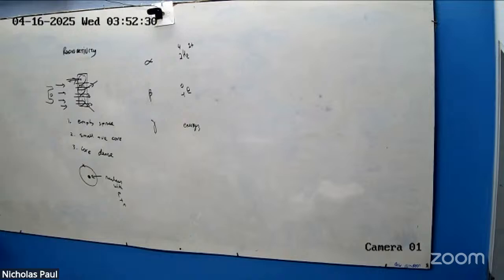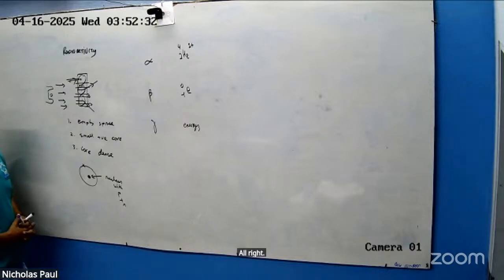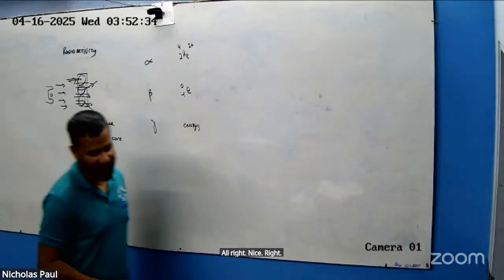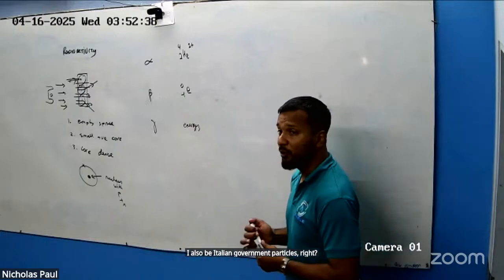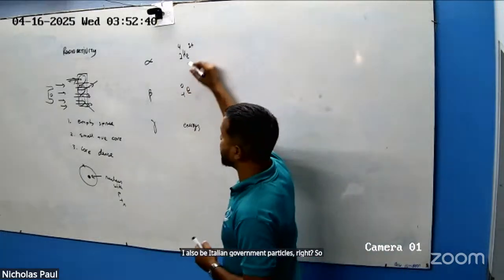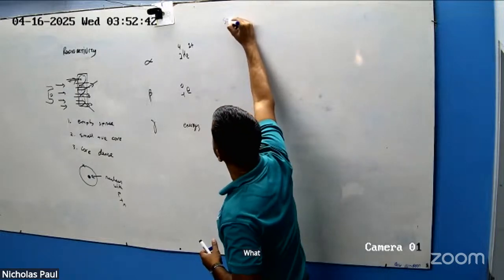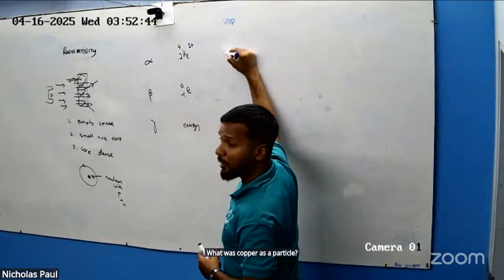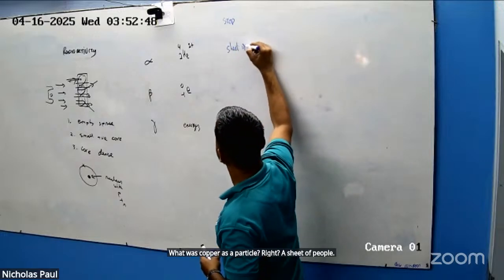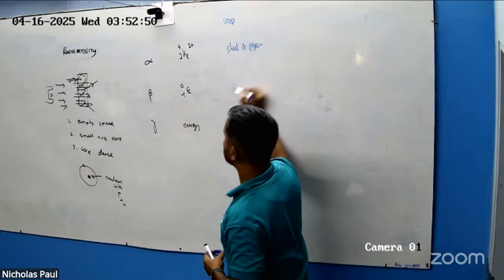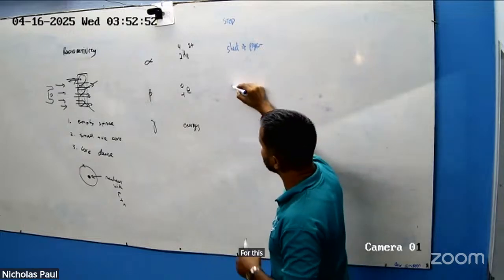All right. Nice. So you have alpha, beta, and gamma particles. So we have to remember what stops an alpha particle. Anybody remember? Paper. A sheet of paper. What stops a beta particle?